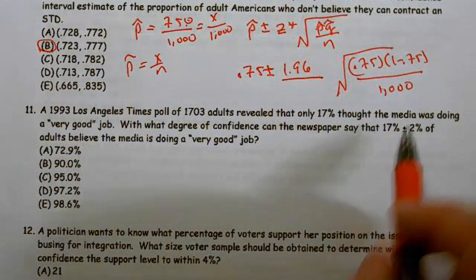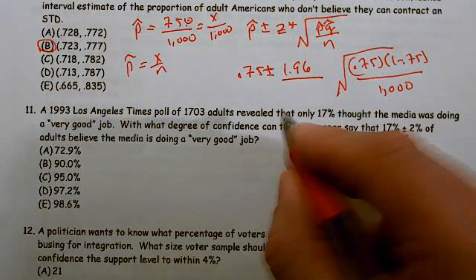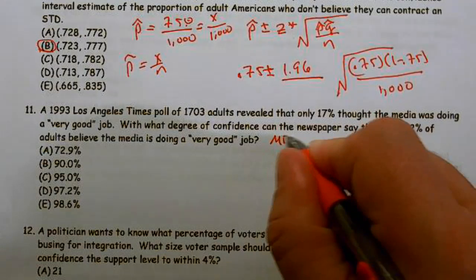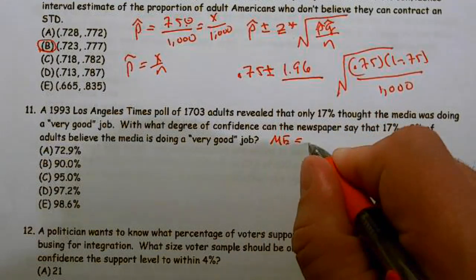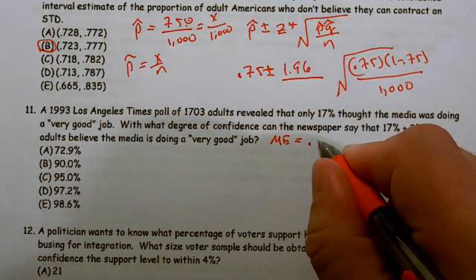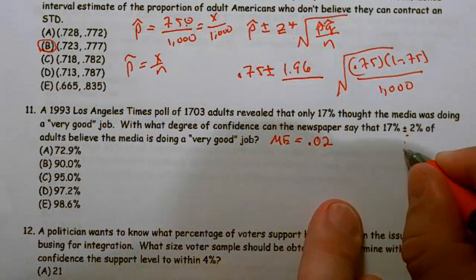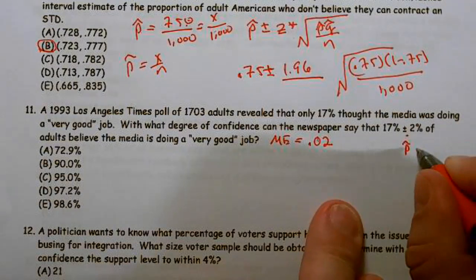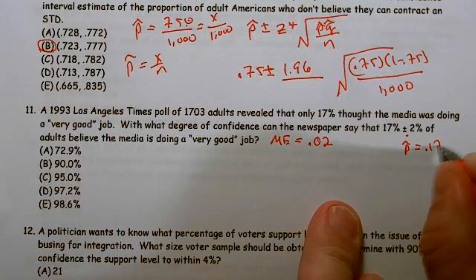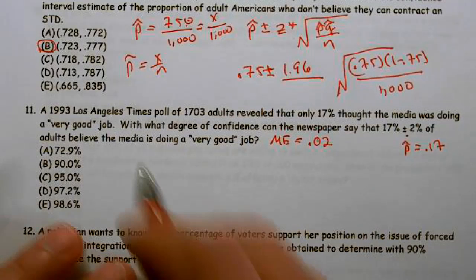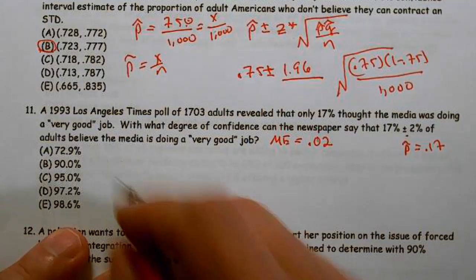So here we have a margin of error equal to 0.02. All right, we have a margin of error equal to 0.02. And we also have a p-hat equal to 0.17. So I'm going to go ahead and write down what we know.